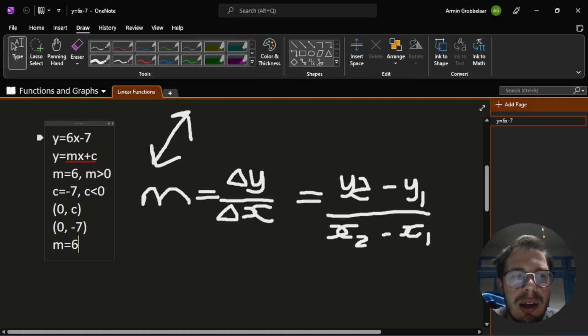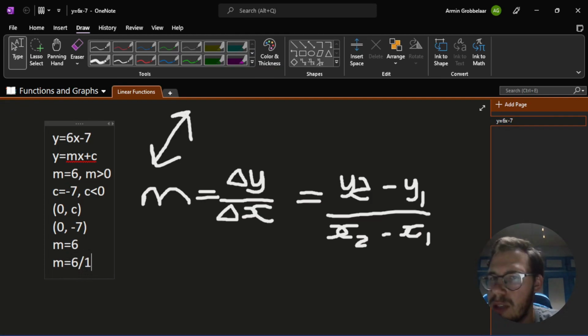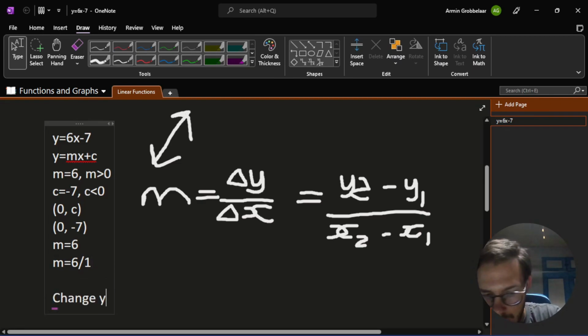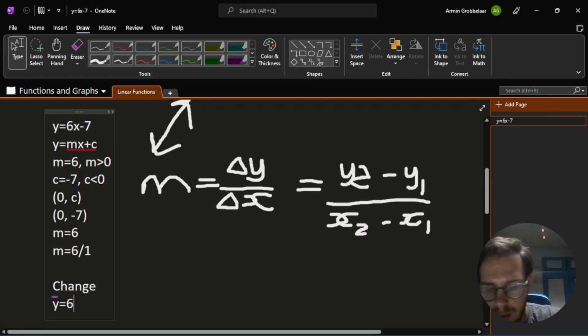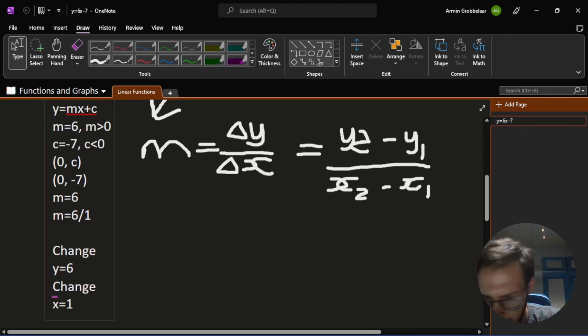But you can see here above, you can just read it off, m is equal to 6. But here we need the change in y and the change in x. So with the m, you can just write it as 6 divided by 1, because 6 divided by 1 is equal to 6. So here, the change in y is equal to 6, and the change in x is equal to 1.